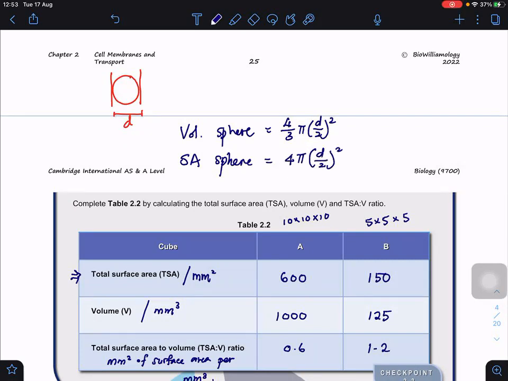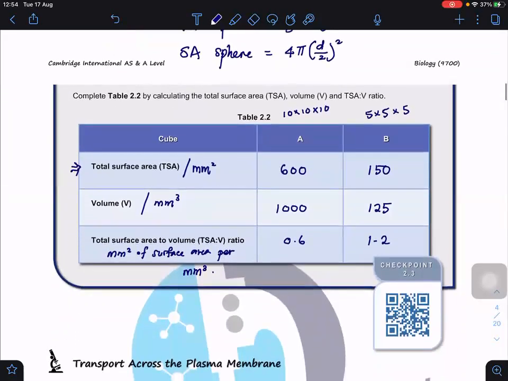Write down. We need to know these two formulas: one is the volume, another is the surface area for the sphere. Then you can calculate. With this, I have done surface area to volume ratio. Now, please go to the checkpoint and try the questions, because there are different kinds of questions you can learn from there.